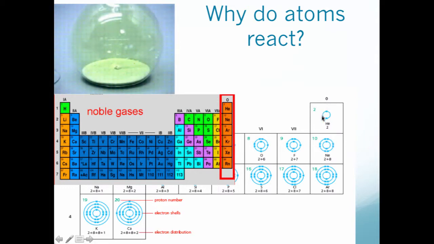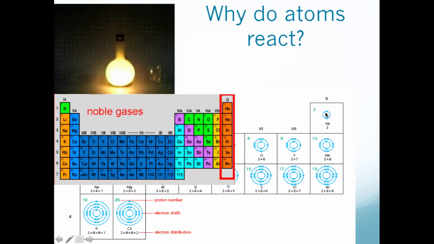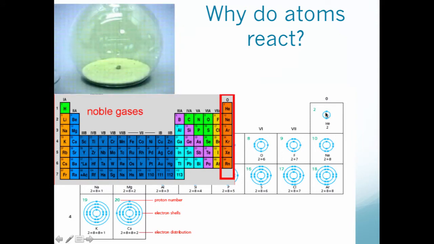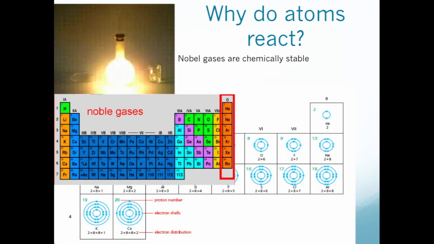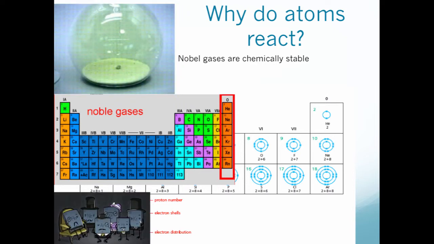So the first circle, remember, can only hold 2, so helium already has the maximum number of electrons sitting there. And same with the other noble gases as well. So noble gases are chemically stable, which means they don't react with others very often. And they're looking like that. Oh, I'm so cool, I don't react.